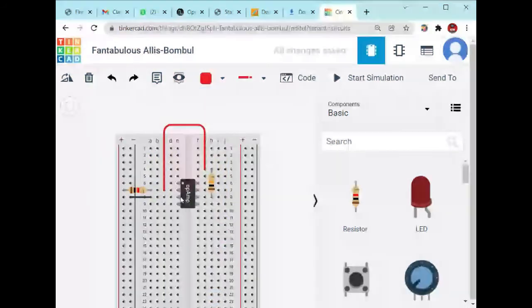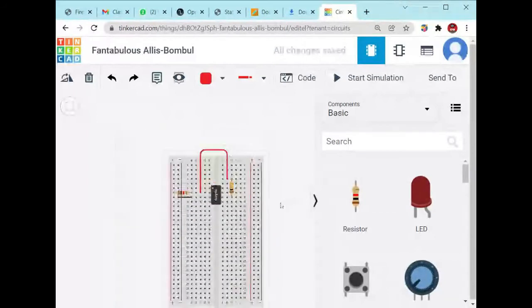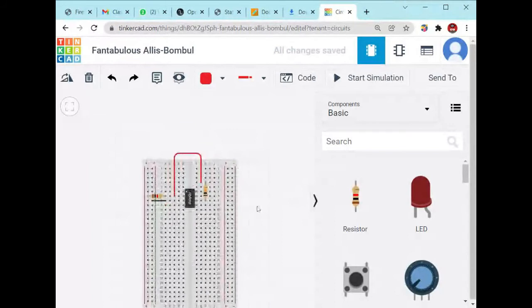So here is the inverting input and you have connected the output also. Now you have to select the power supply, function generator and CRO or digital oscilloscope.